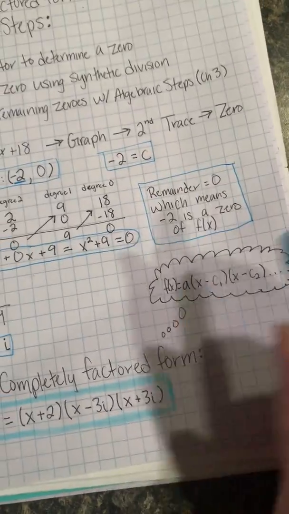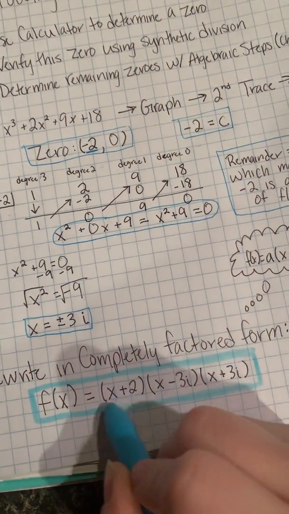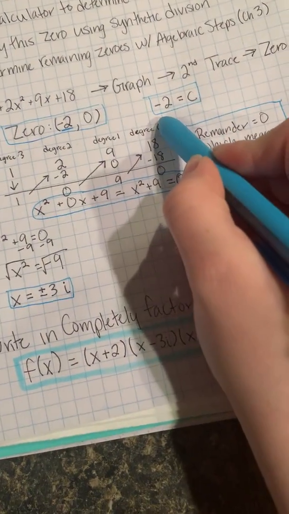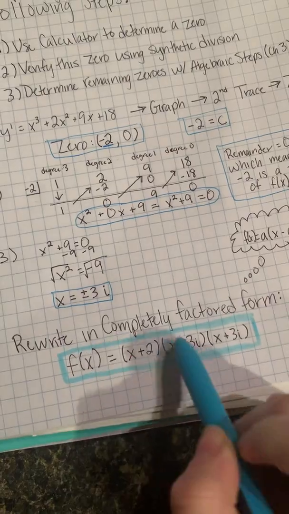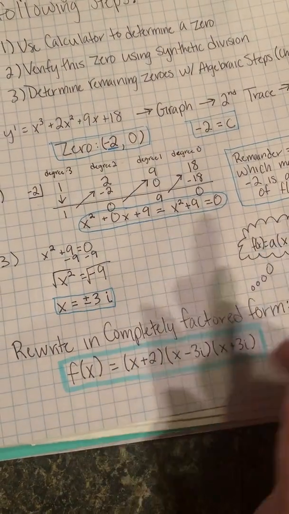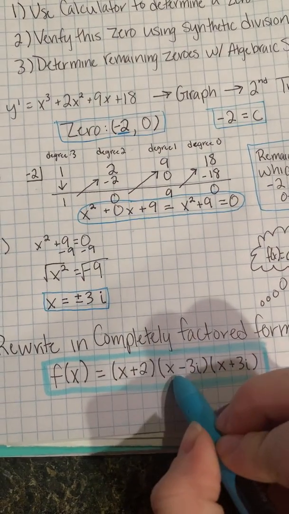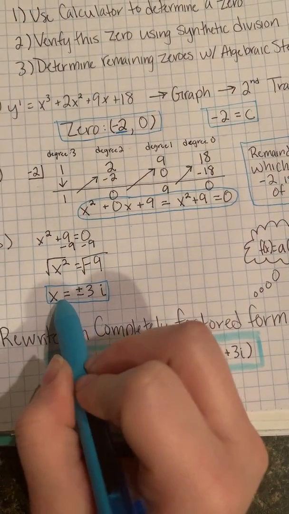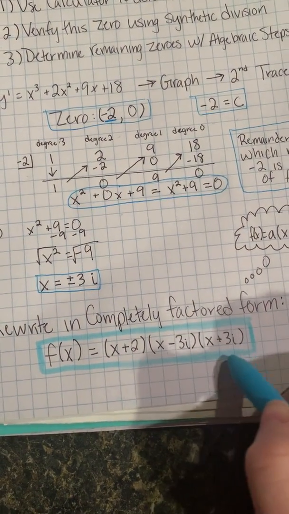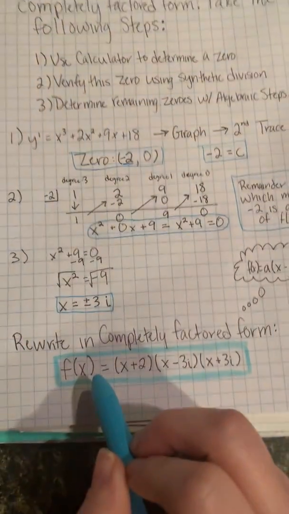So if we're writing it in x minus c form, x minus negative 2 is basically x plus 2. And then we'll do the same thing with these 3i. So if you do x minus a positive 3i, that means x minus 3i. And then finally, x minus a negative 3i means x plus 3i. And this is our completely factored form, and our problem is complete.